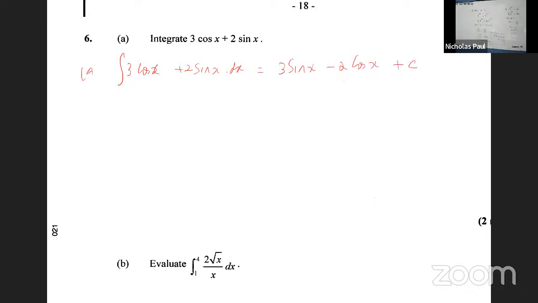Then they asked to integrate between 4 and 1, 2 over the square root of x, dx. So you have to use the indices rules and simplify it, right? Go ahead, try it, message your answers. You can put it in the calculator and check it after you do it.